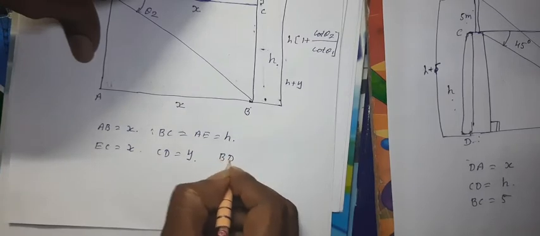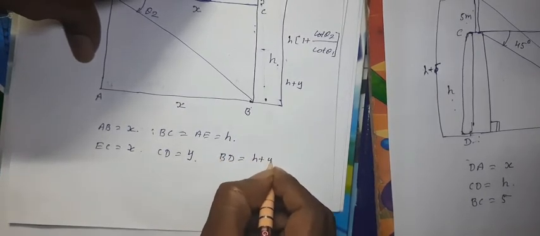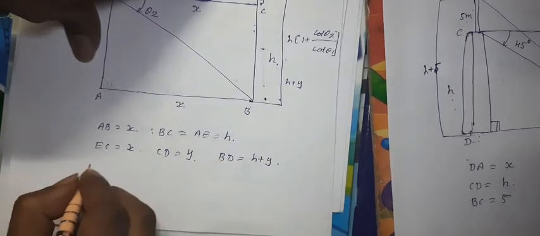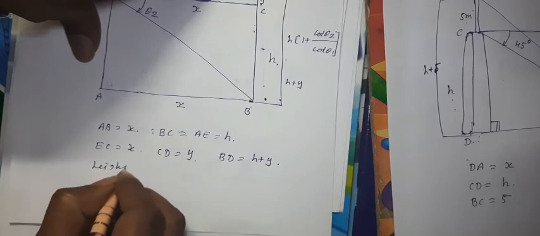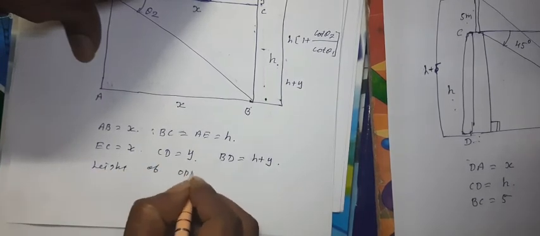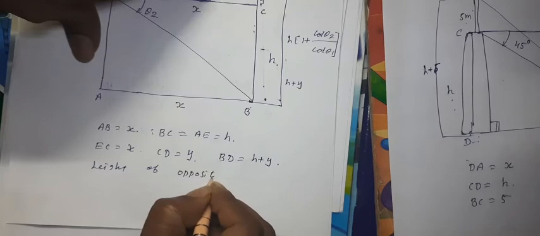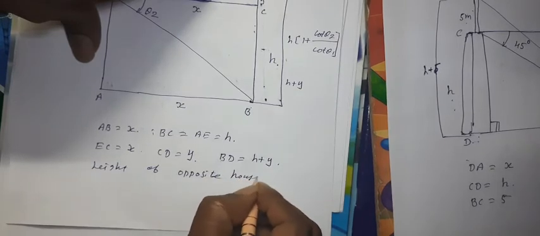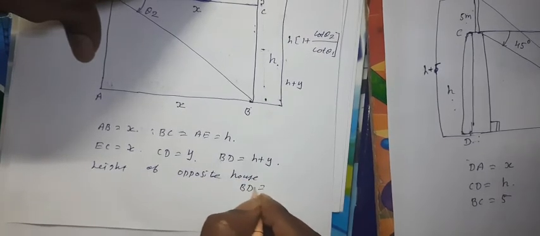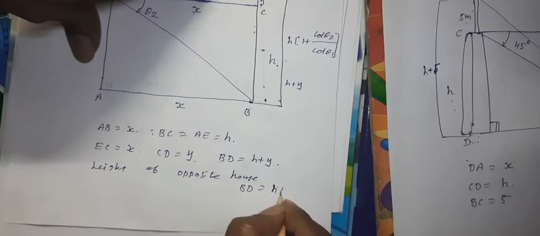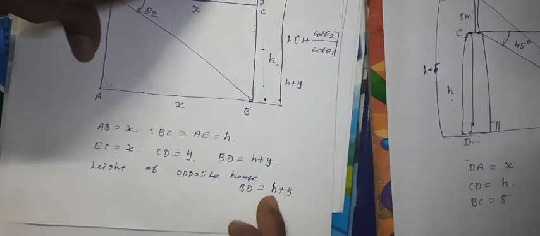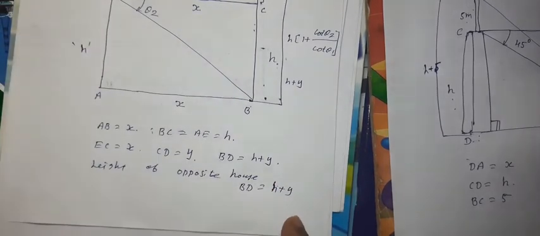The next, BD is equal to h plus y. That is the height of the opposite house. So you want to find h plus y, this answer only.